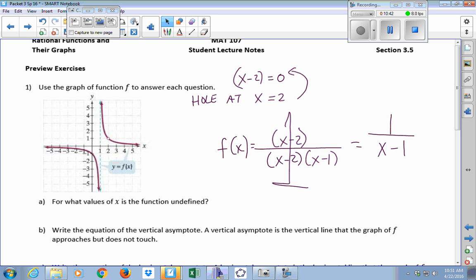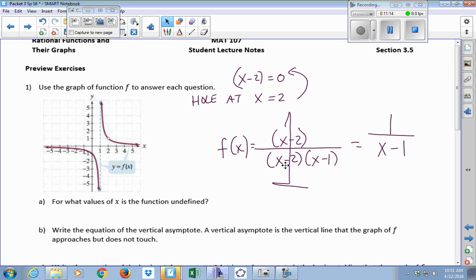And now it looks like something you would have graphed on Wednesday. You would have said, if I cover up this minus 1, it's the reciprocal function shifted to the right 1 unit. So if it started off looking like this, 1 divided by x minus 1, it would look just like this graph without the hole there. But because it had that common factor top and bottom, at 2, it has a little baby hole.